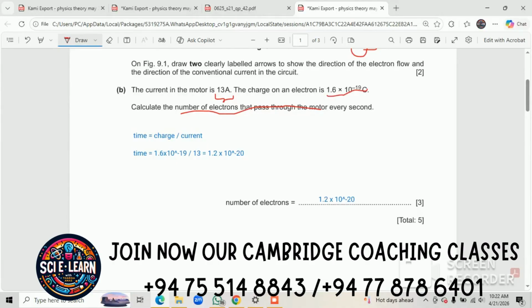So which equation connects these two? That is Q equals IT. If you make T the subject, it would be the way you have it. You just have to write down the equation first, then the substitution, and then the answer.